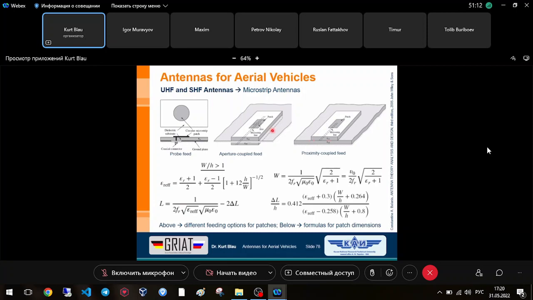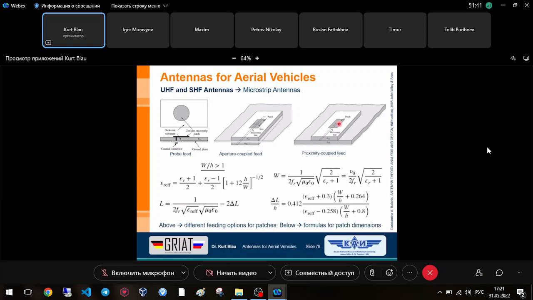And the same as here, on the top we have metallization. This is our patch. Maybe the same patch as here, only the excitation of the patch differs. Here it's done through a window, through a slot in the ground plane. And here we have no slot because the microstrip line feeds directly under the patch and couples up to the patch.